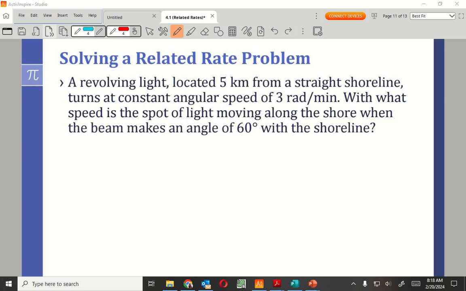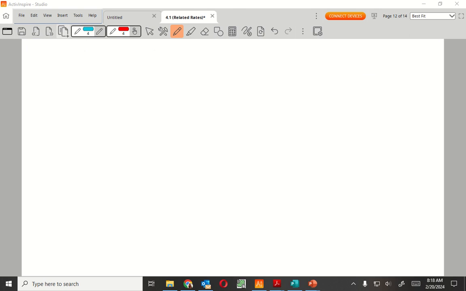Gotta start by drawing it, right? Okay. So, let's start with my shoreline. I got my brown sandy beaches, right? Look at that. Got my sandy beach. And then we have, what is it, a lighthouse, right? My lighthouse is going to be just a red rectangle.